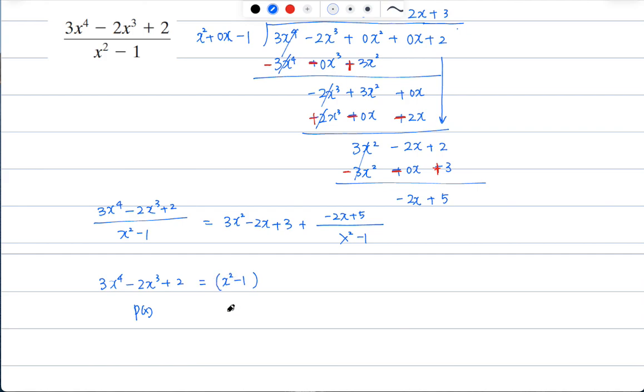That's the divisor. Write my quotient, 3x squared minus 2x plus 3. That is the quotient part. And my remainder is plus negative 2x plus 5.